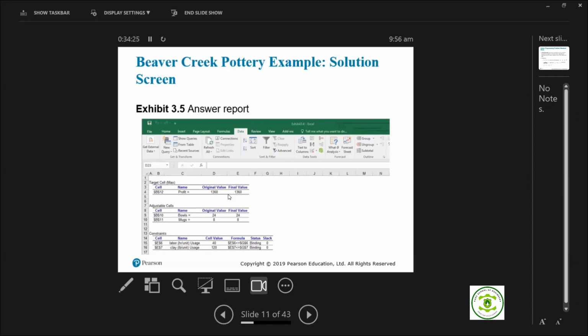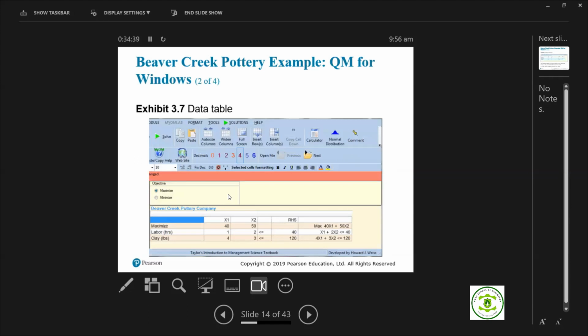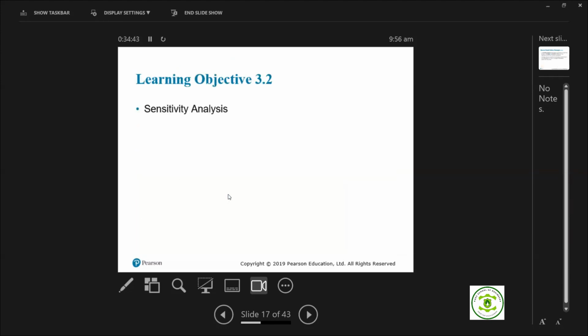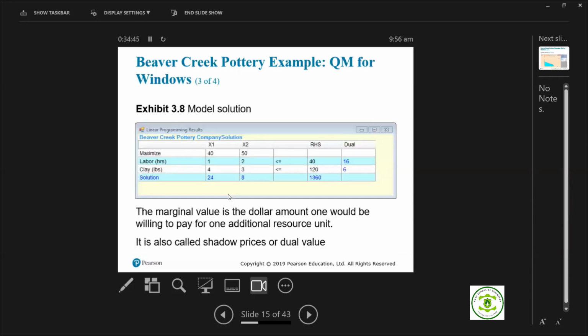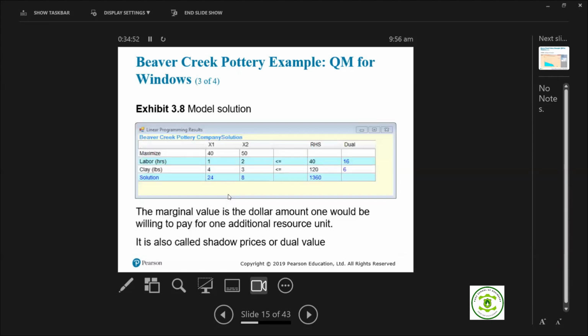Okay. Now, of course, we can resolve the problem also using the Excel QM. So we've done that before. But if you open the Excel QM, you can enter this data.